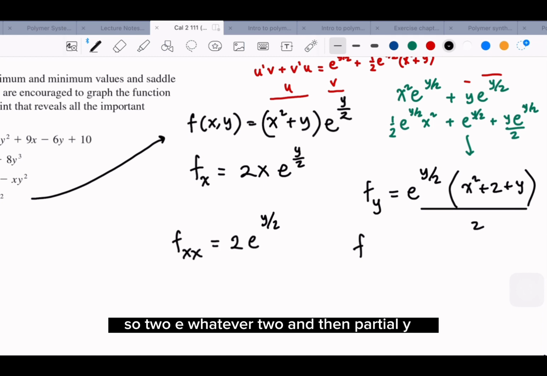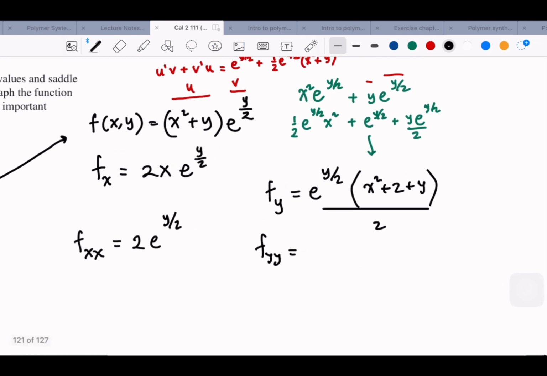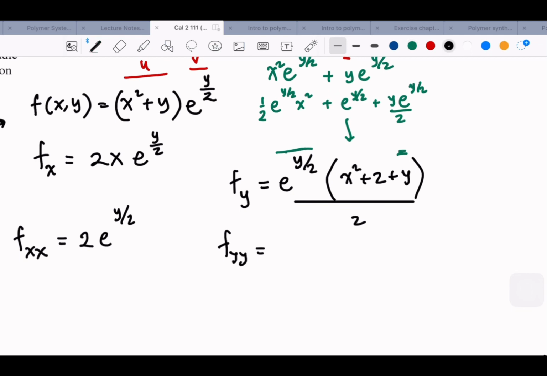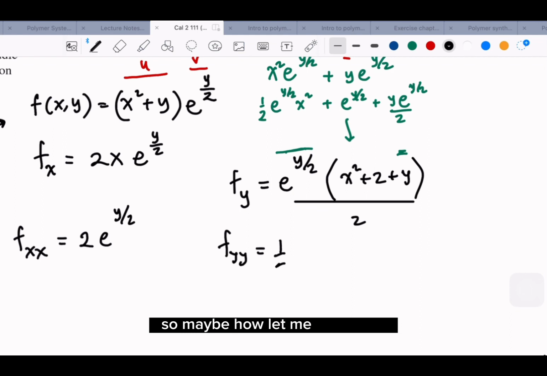And then partial yy. This will be a little bit crazy here. So but we just focus on e and y, right? E with part of y and y here. So half, so maybe half, let me focus that.